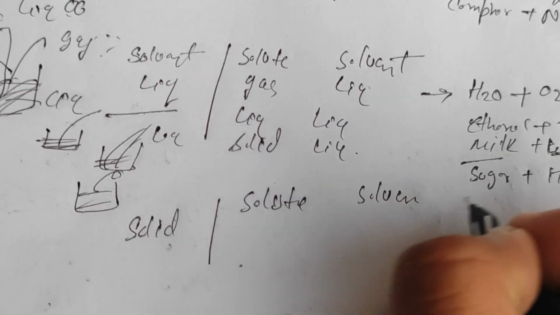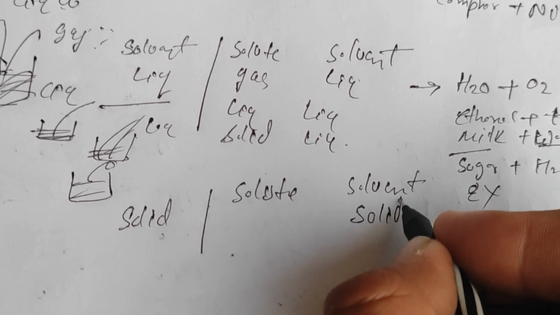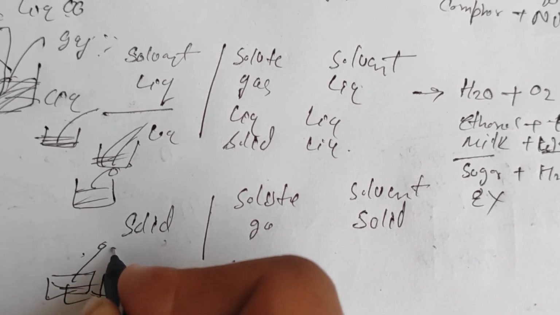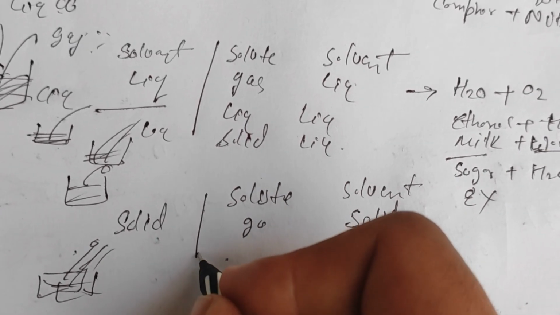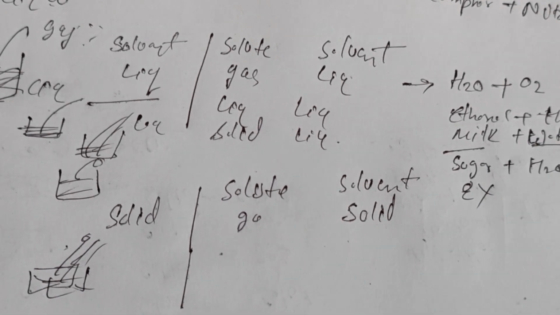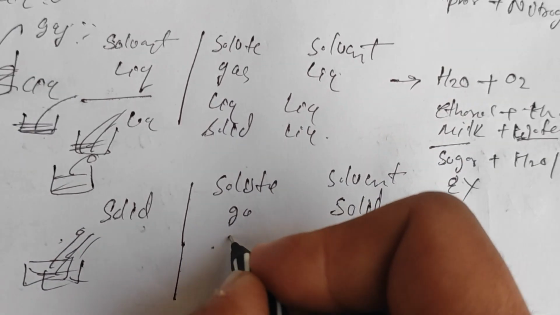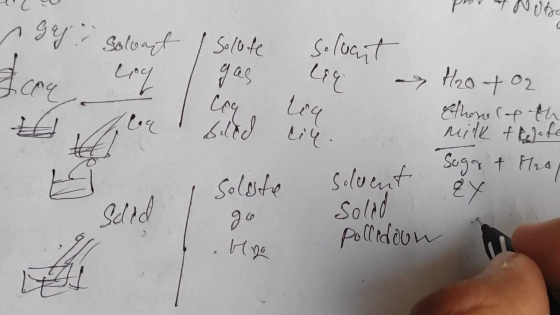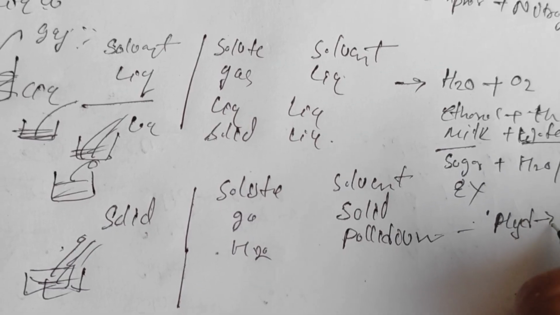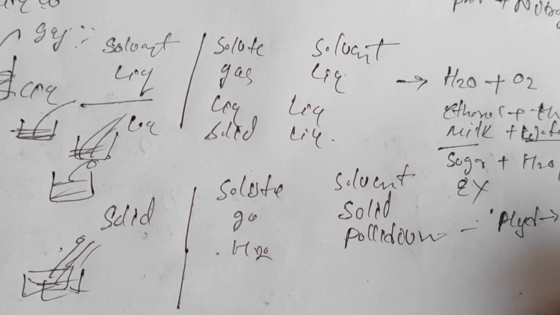Now the solvent is solid. We use gas as the solute: we have a large amount of solid and we add gas molecules in it. For this, we use palladium as the solvent and hydrogen as the solute.